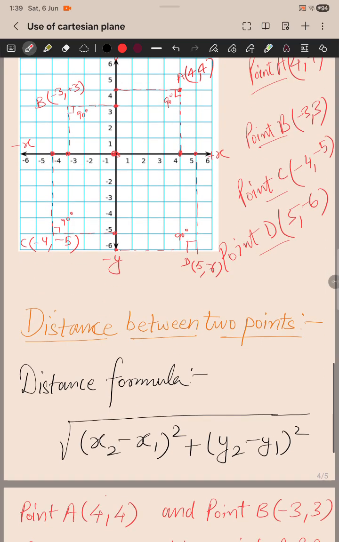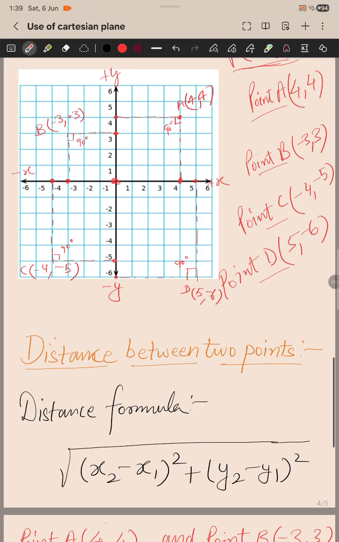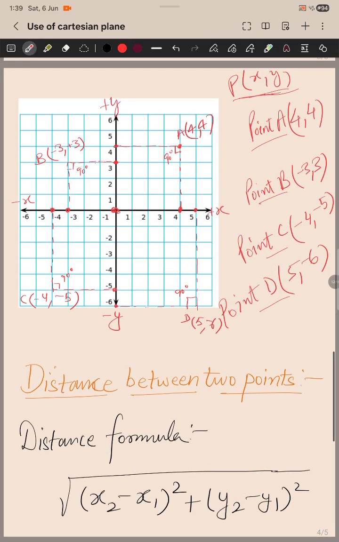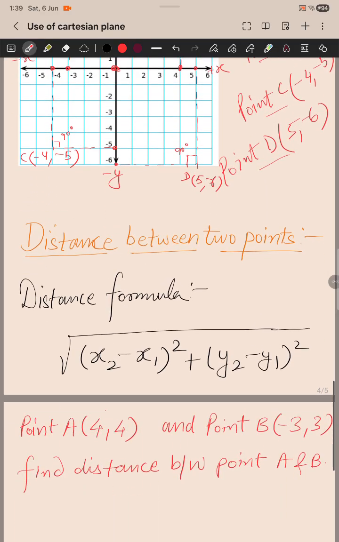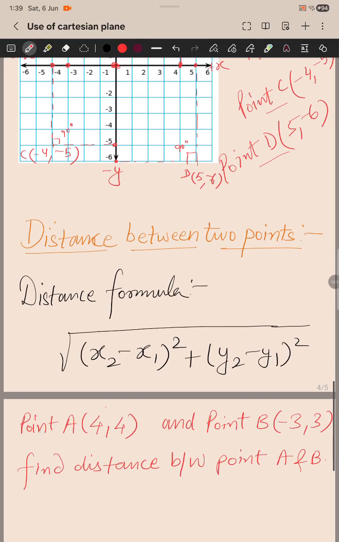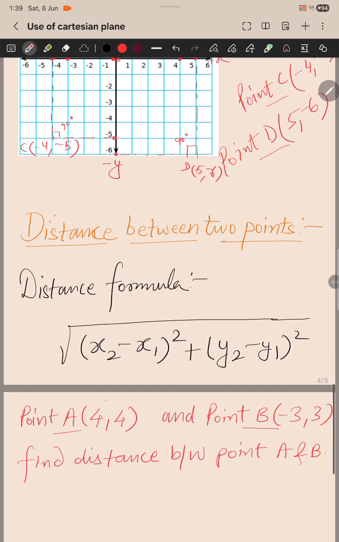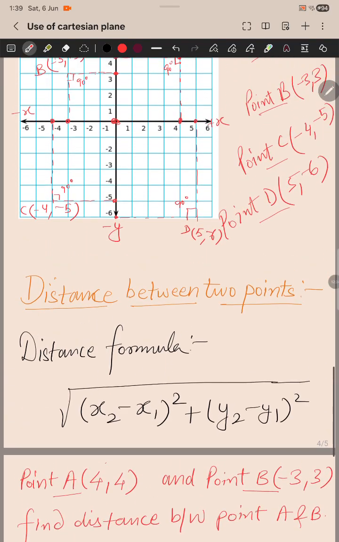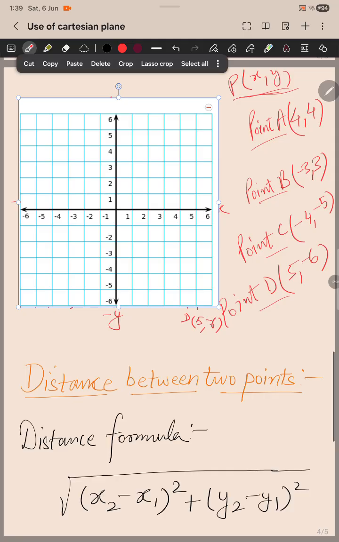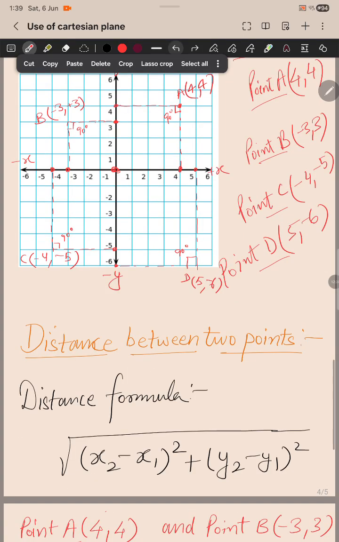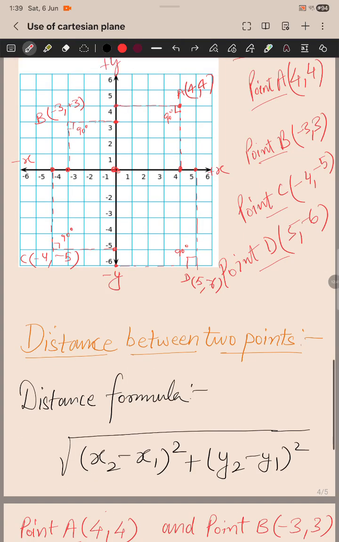So now we have to learn what the distance between 2 points should be, and we have a formula to see. Suppose we want to know the distance between 2 points, point A and point B. What is the coordinate for point A? 4, 4 here. Point B is -3, 3 here.